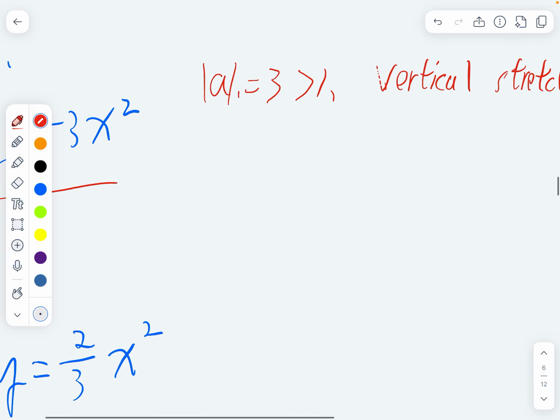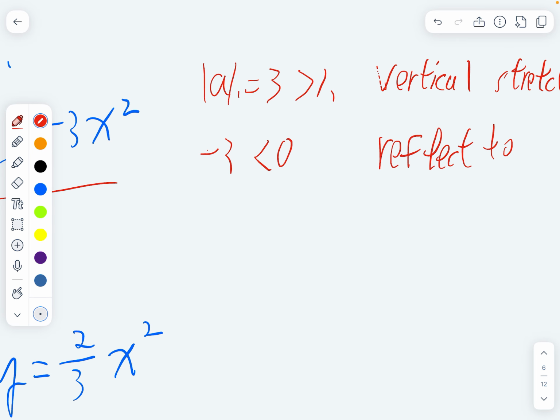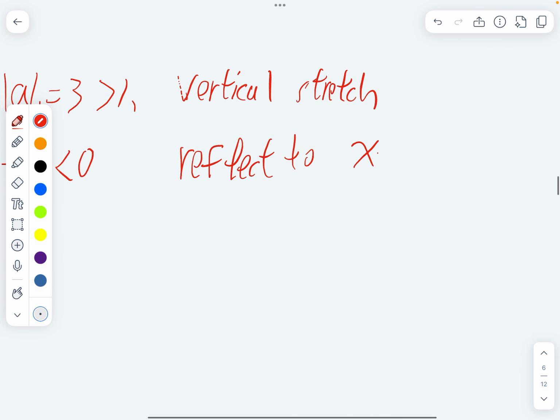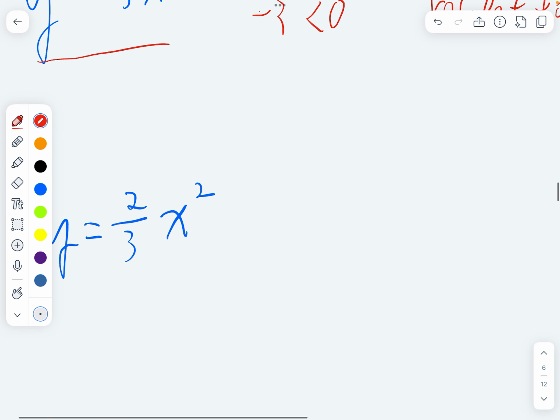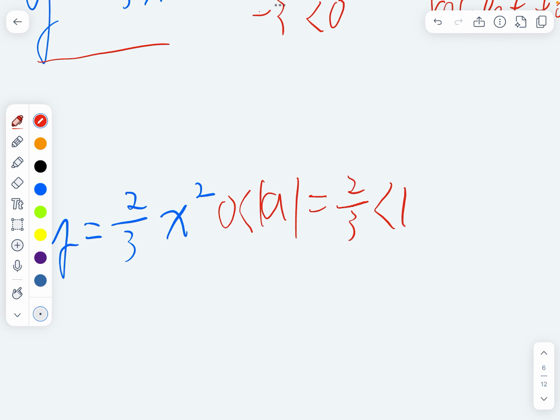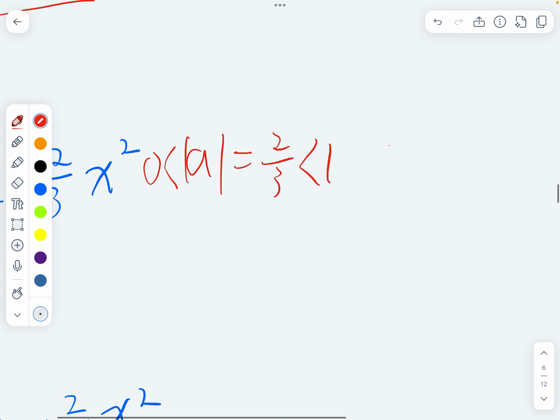And because it has negative 3, which is smaller than 0, it's also a reflection in the x-axis. The second one, the absolute value of a equals 2 over 3, which is greater than 0 and smaller than 1, so we can know that it is a vertical compression.